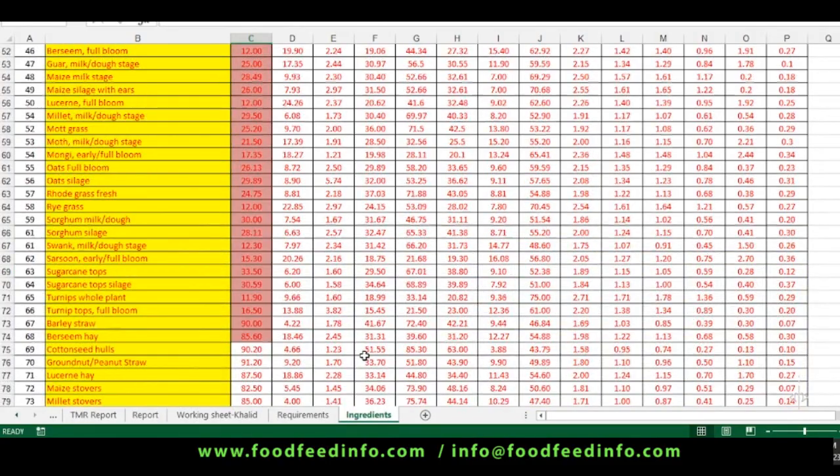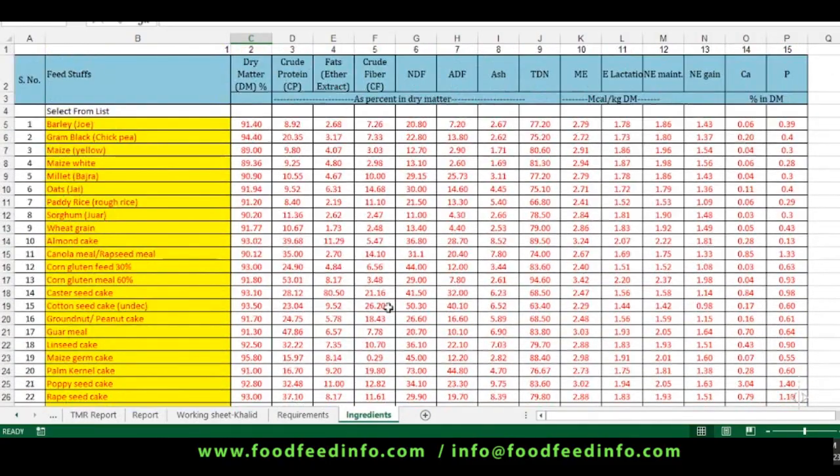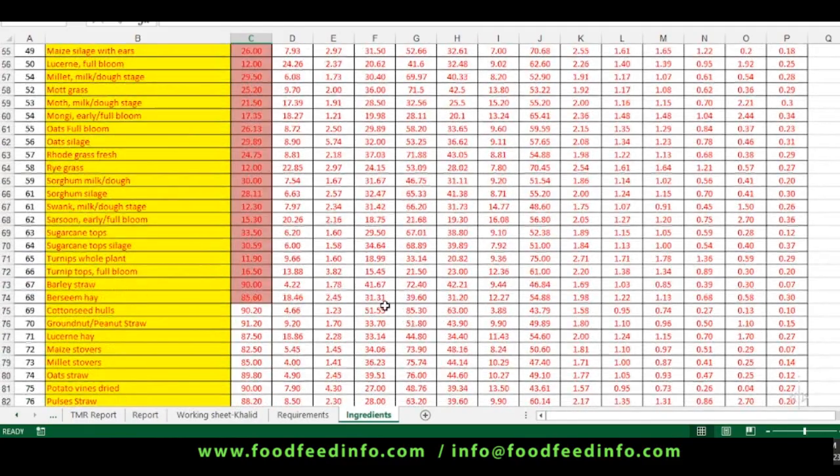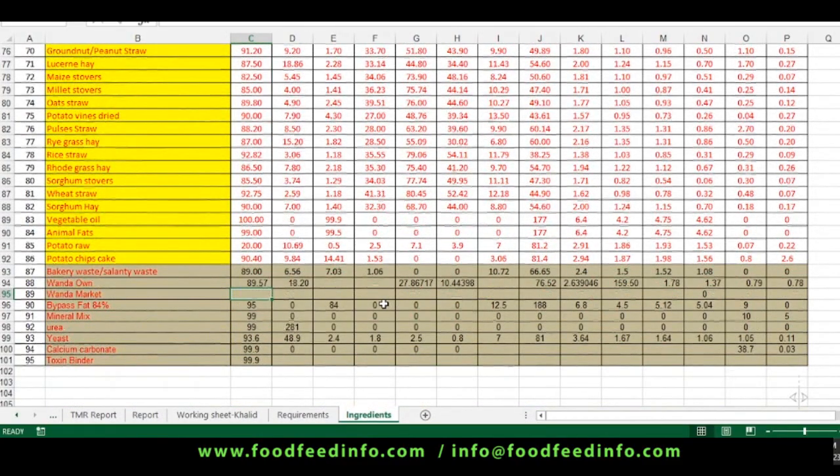So this is about the chemical composition of the ingredients that are mostly required when you are formulating a diet. Precise values are particularly required, because variation here will lead to variation in the quality of the chemical composition of the diet you are going to formulate.